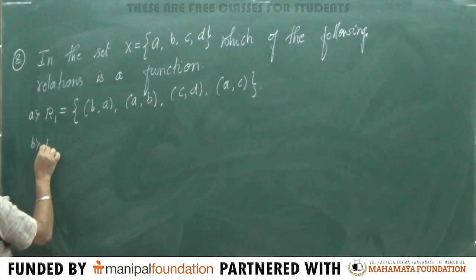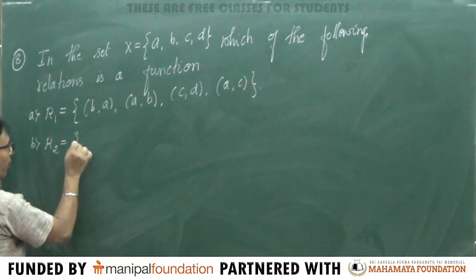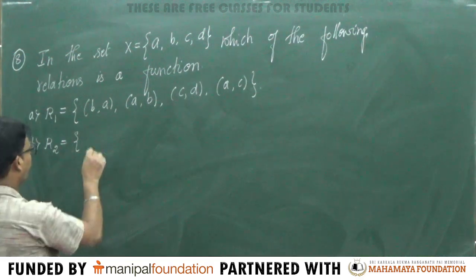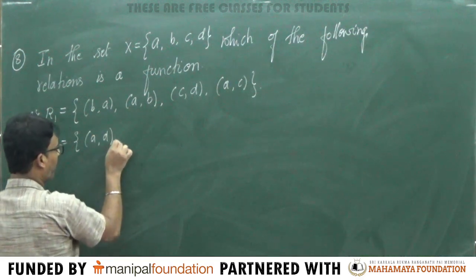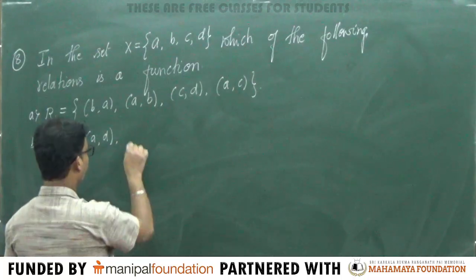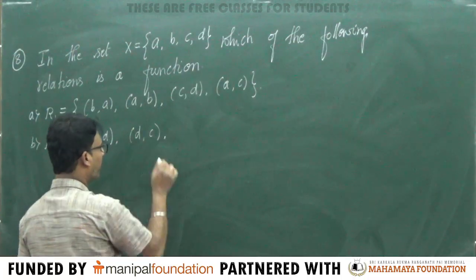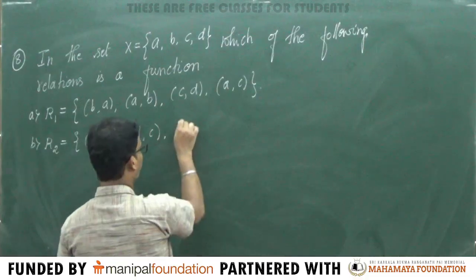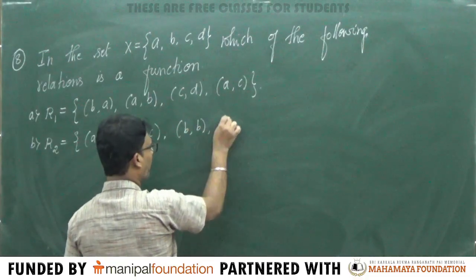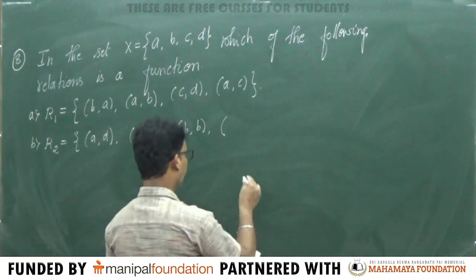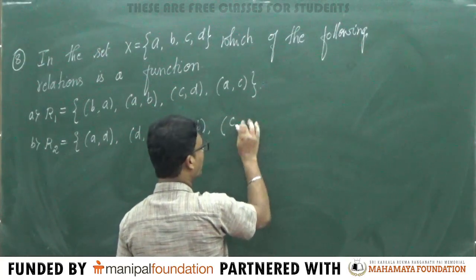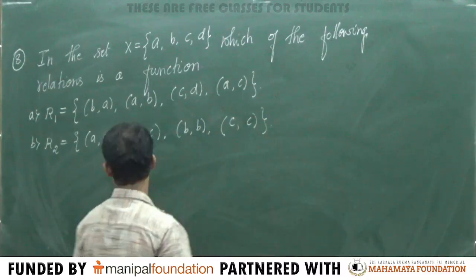Option B, the relation R2 is given by (A, D), (B, C), (B, B), (C, C).